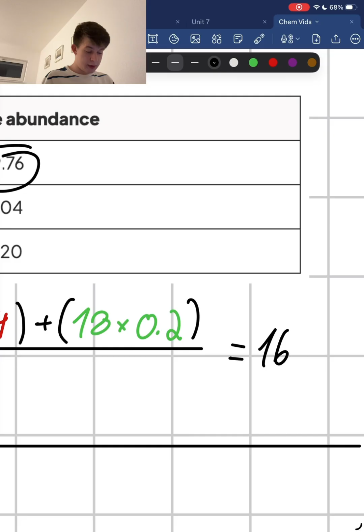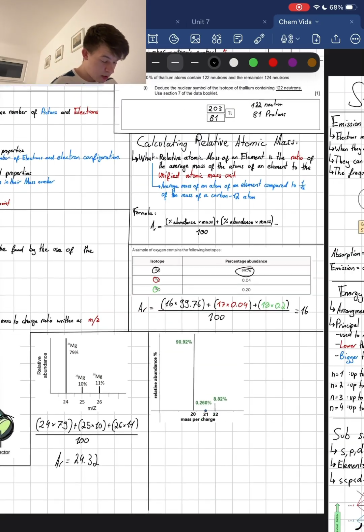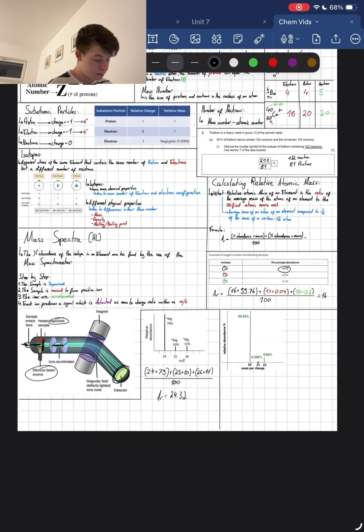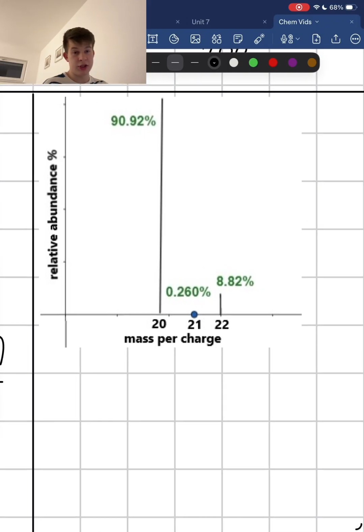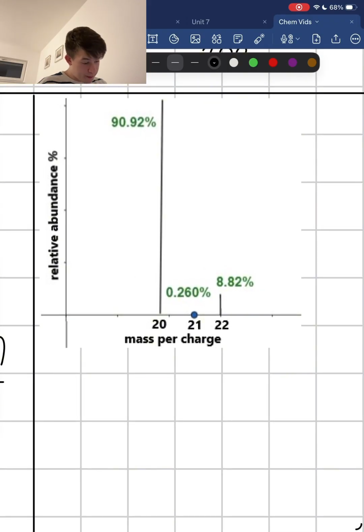Okay, that was pretty simple. And now let's go to our last example. I'll give you a couple of seconds again. It's literally the same thing, but with different numbers.